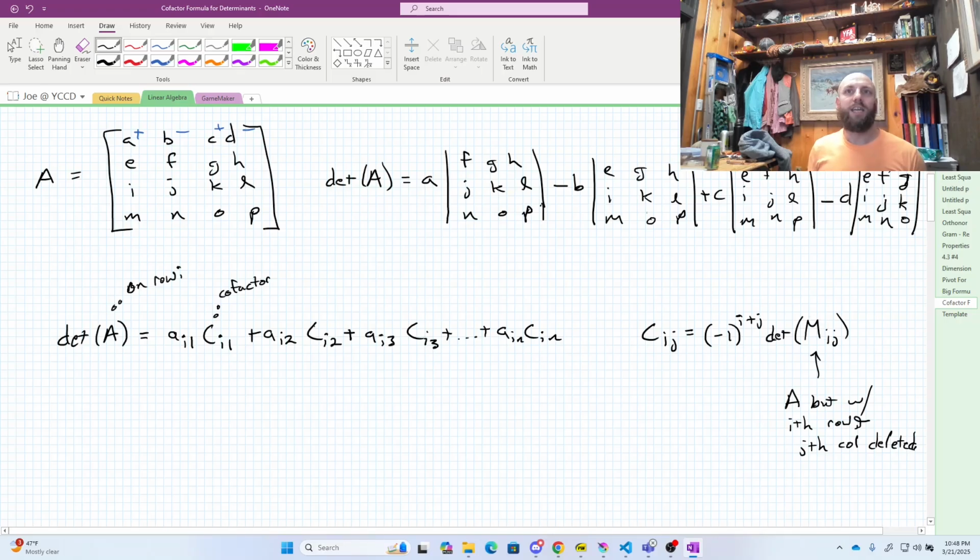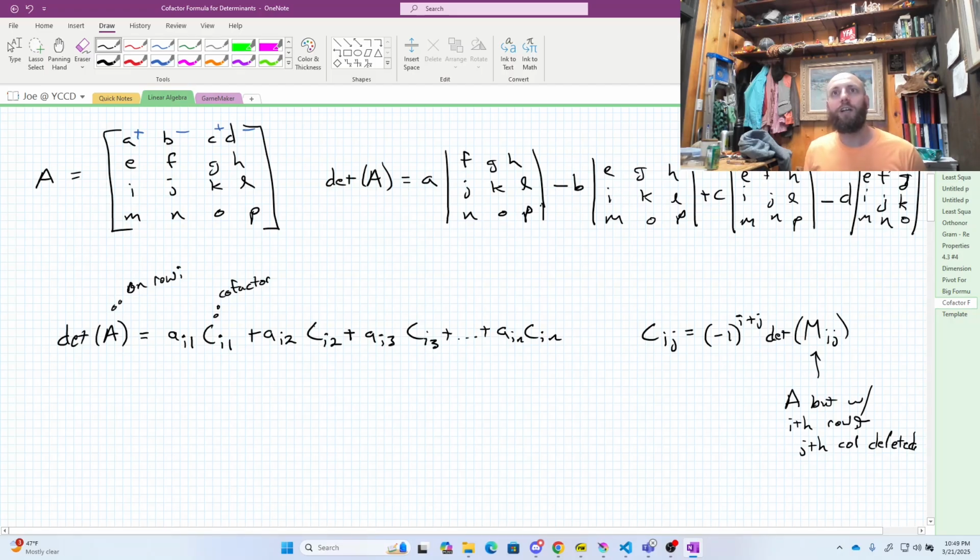Right? So that's the same thing that we've been doing up here, right? So this is the 1-1 cofactor, right? I remove row 1, column 1, I get this guy. Here, this is the M12, sorry, I said cofactor. This is just the matrix M. So I've deleted the first row and the second column. With this minus sign, then it's the cofactor.